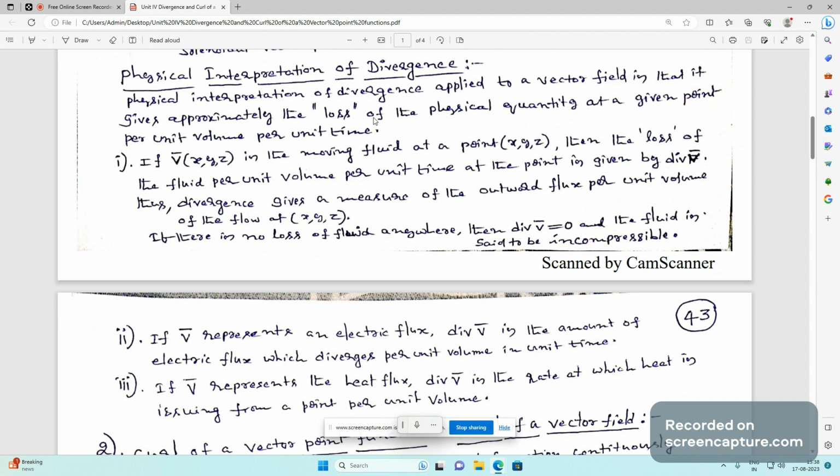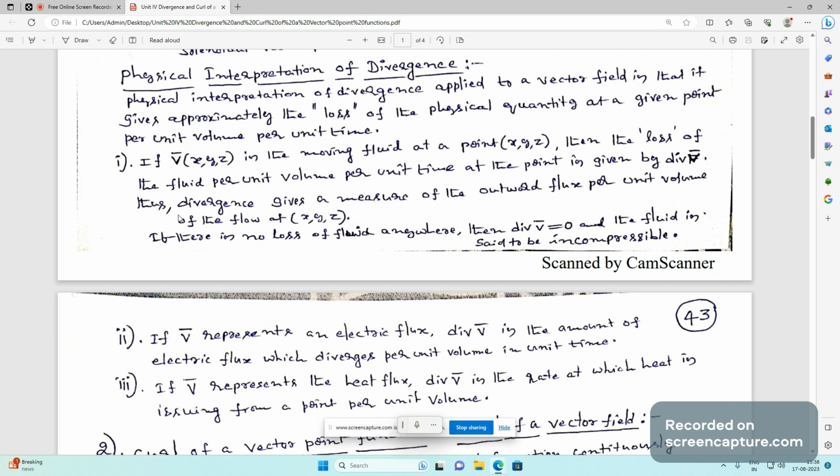So that is the meaning of divergence. For example, if v bar of x comma y comma z is a moving fluid at a point x y z, then the loss of the fluid per unit volume per unit time at the point is given by the divergence of v bar.